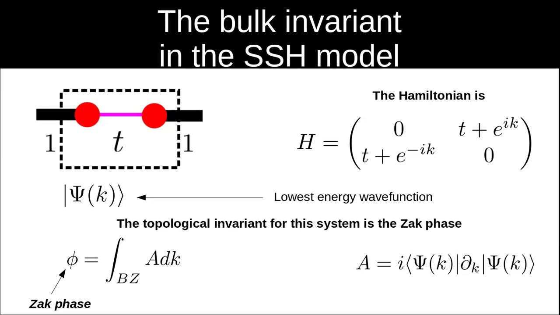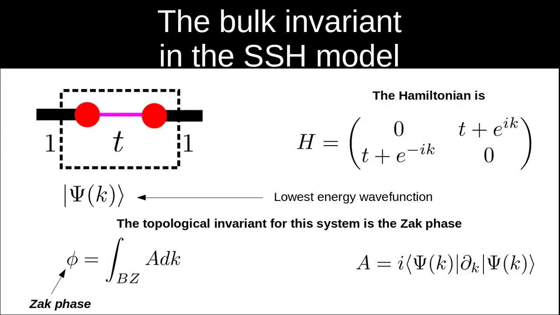And for a Hamiltonian that has a single parameter, one can define a relatively simple topological invariant, which is the so-called Zak phase, which in practice is just the wave function derivative with respect to k, and you integrate it over the whole Brillouin zone. This topological invariant essentially counts how many times your phase winds around the origin.